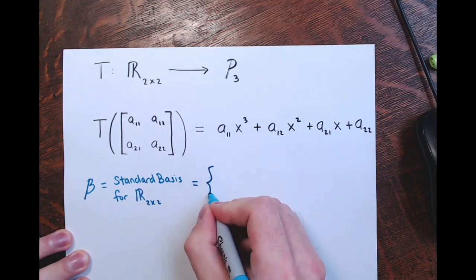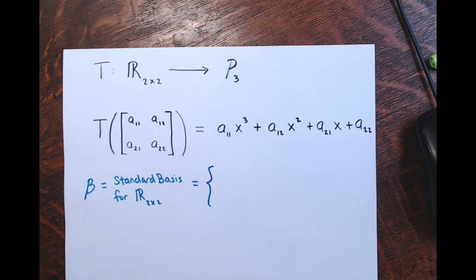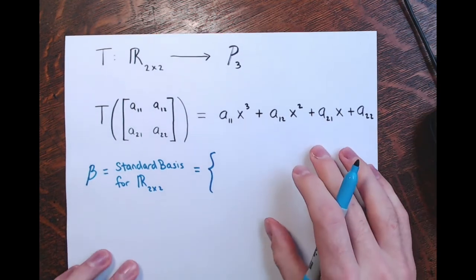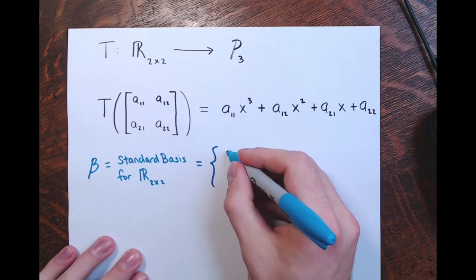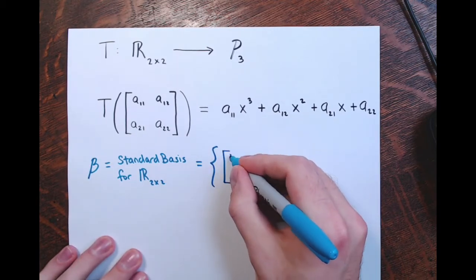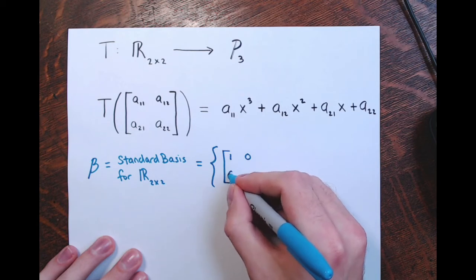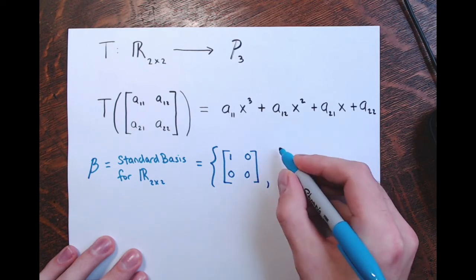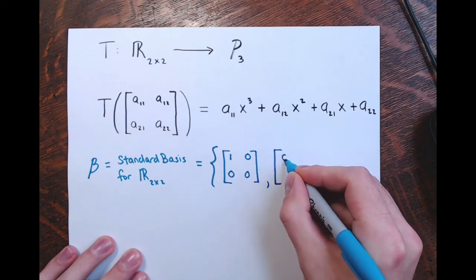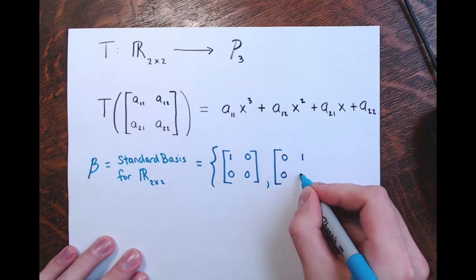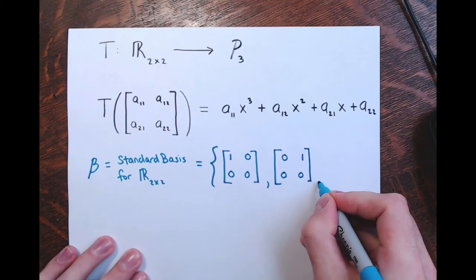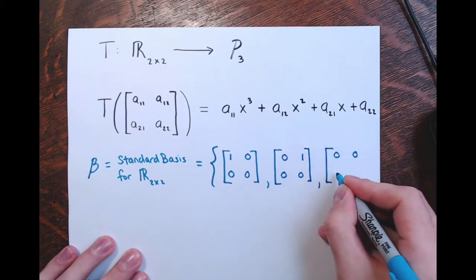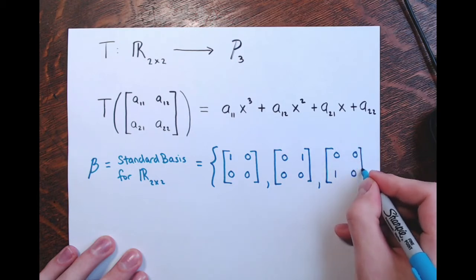You've seen the standard basis for a set of m by n matrices. And the standard basis for R 2 by 2 would be 2 by 2 matrices where there's a 1 in one position and 0 everywhere else. So this vector, this vector, right? This, and one more.